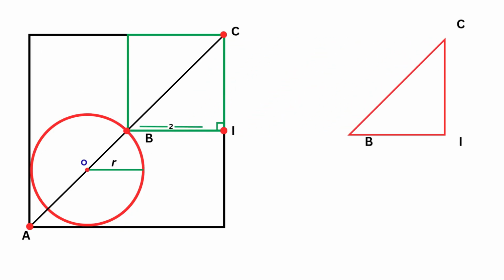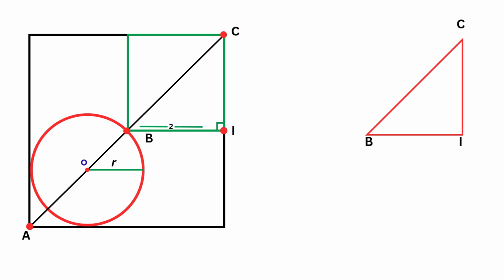Now, look at the right angle triangle BCI formed. Here, to calculate side BC, we will apply the Pythagorean Theorem, which states that hypotenuse squared equals base squared plus perpendicular squared.